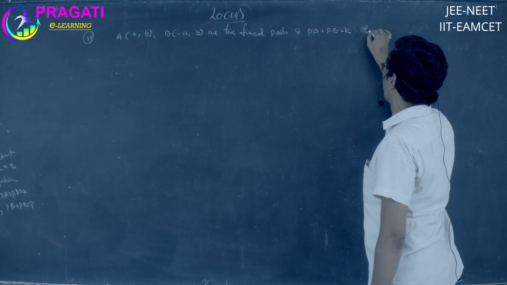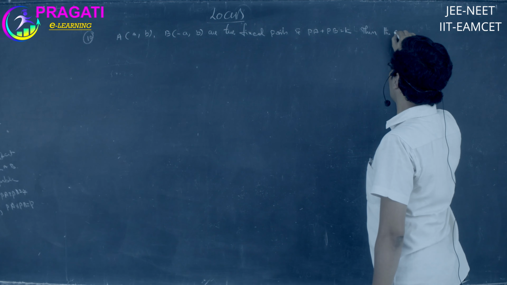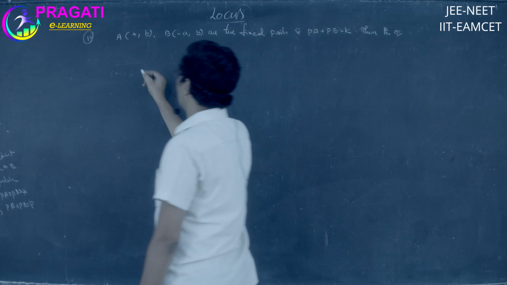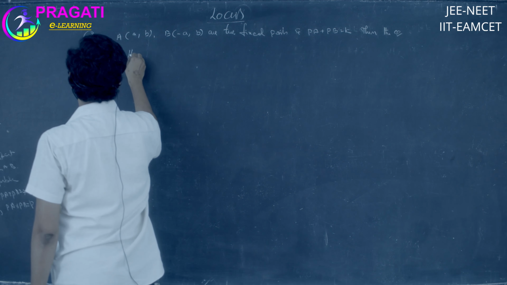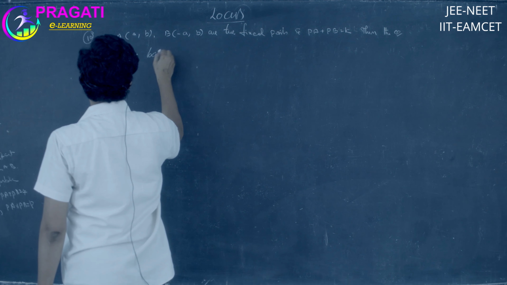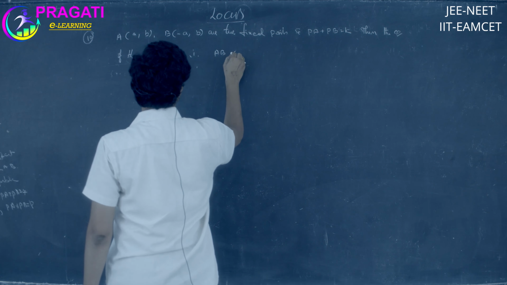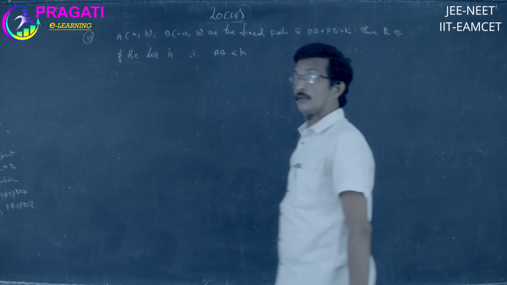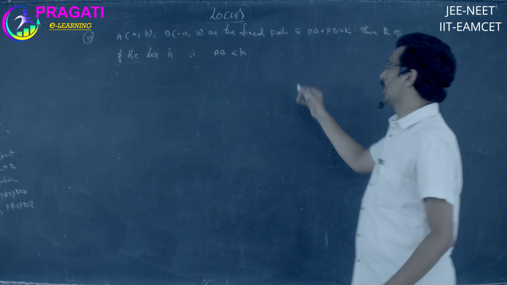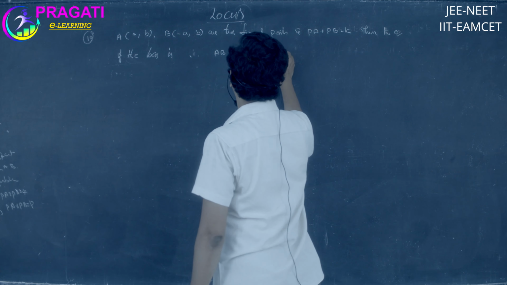Then the equation of the locus is: first, if AB is less than k, it is an ellipse.